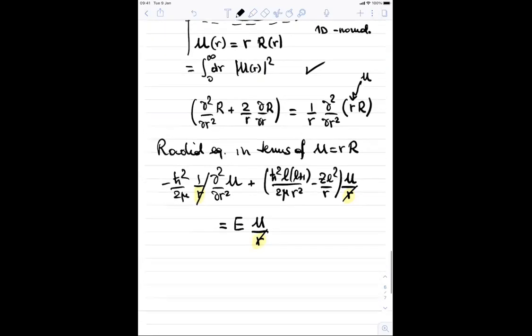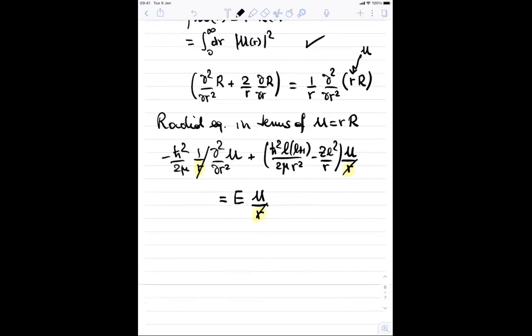Okay? So the final equation now looks: minus h bar square over twice the mass, the second derivative of the u function with respect to r, plus this object. I rewrite it for the last time. It's always the same thing.